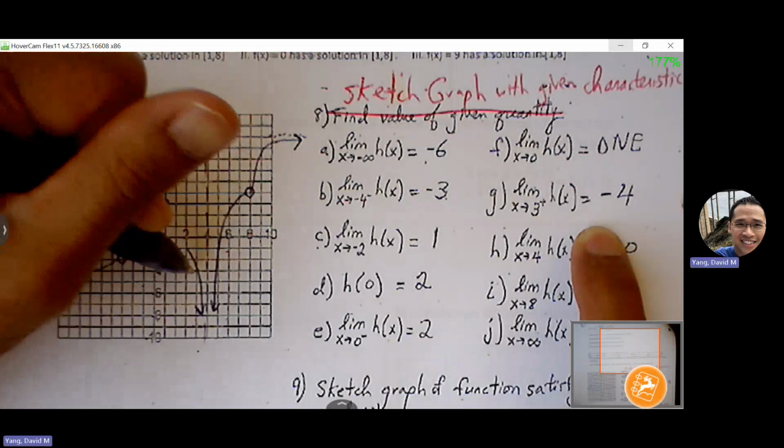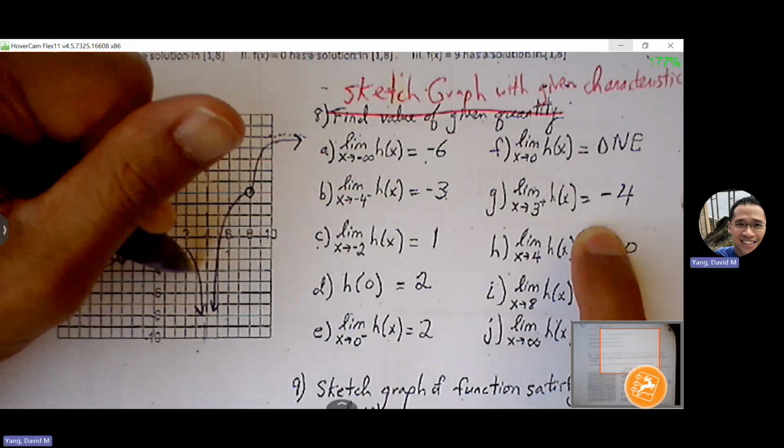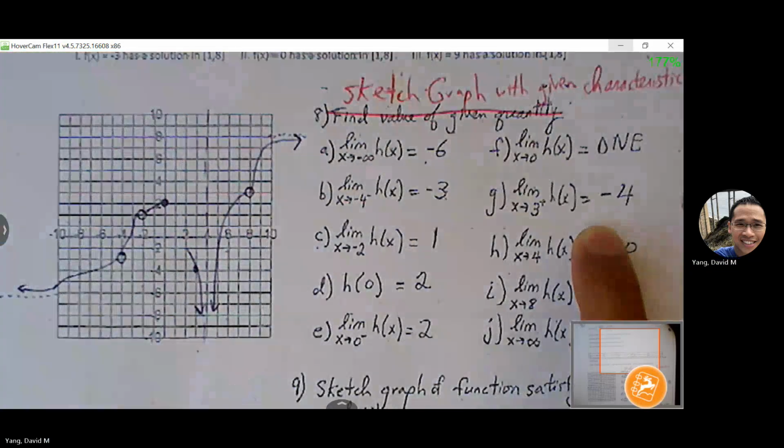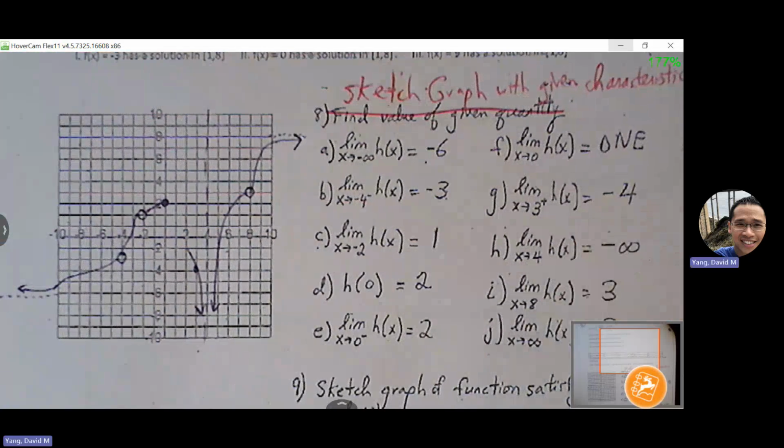It could be just from the right side, but I just made my graph go right through that point. I'm doing more than I need to. I could also just have my graph stop right there if I wanted to. I didn't need this piece.